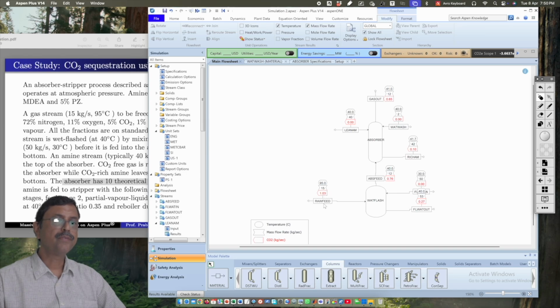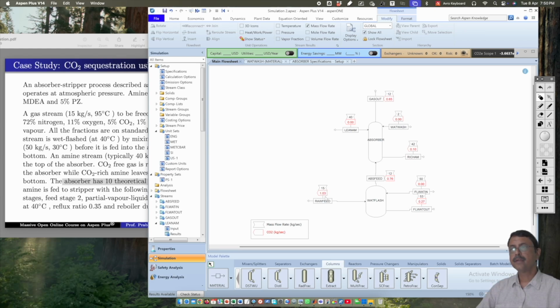So this is the raw feed, and at this moment we do not need temperature. The mass flow rate we will read, so that will make it cleaner. The total mass flow rate is 15 kg, out of which 1.03 kg is CO2.